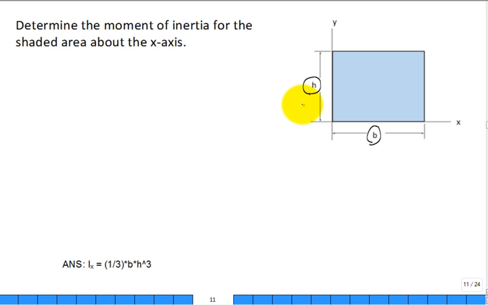Here we have to do it symbolically. It's not a numeric answer. And here you can see the answer down here to confirm. But I want you to set it up, show me that you set it up, and then do the math correctly. So we're asked to calculate I sub x, which is the integral of y squared dA.